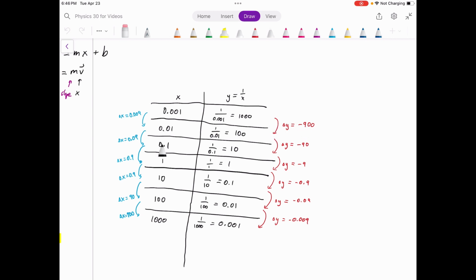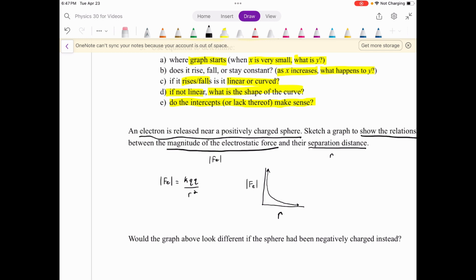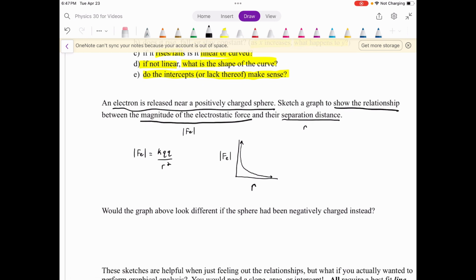Then from 0.01 to 0.1, we get a change in y of 90, because 1 over 0.01 is 100 and 1 over 0.1 is 10. And then it's flipped up here for the large x's: a change in x from 100 to 1,000 is a change of 900, and here it's only a change of 0.009 in y, to go from 1 over 100 to 1 over 1,000. So even without the square, that is the shape of an inverse graph, but it's even more dramatic when we have an inverse square relationship.